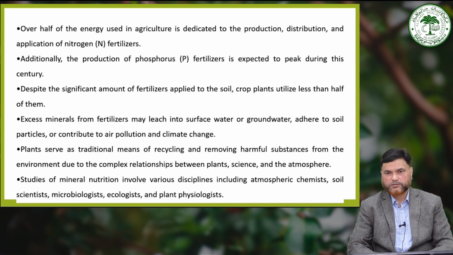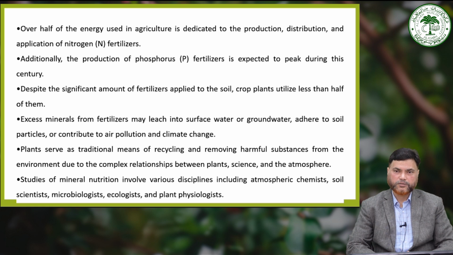Now you see that half of the energy used in agriculture is generally devoted to production, distribution, and application of nitrogen fertilizers. In addition to this, the production of phosphorus fertilizer is likely to reach its peak during this century.